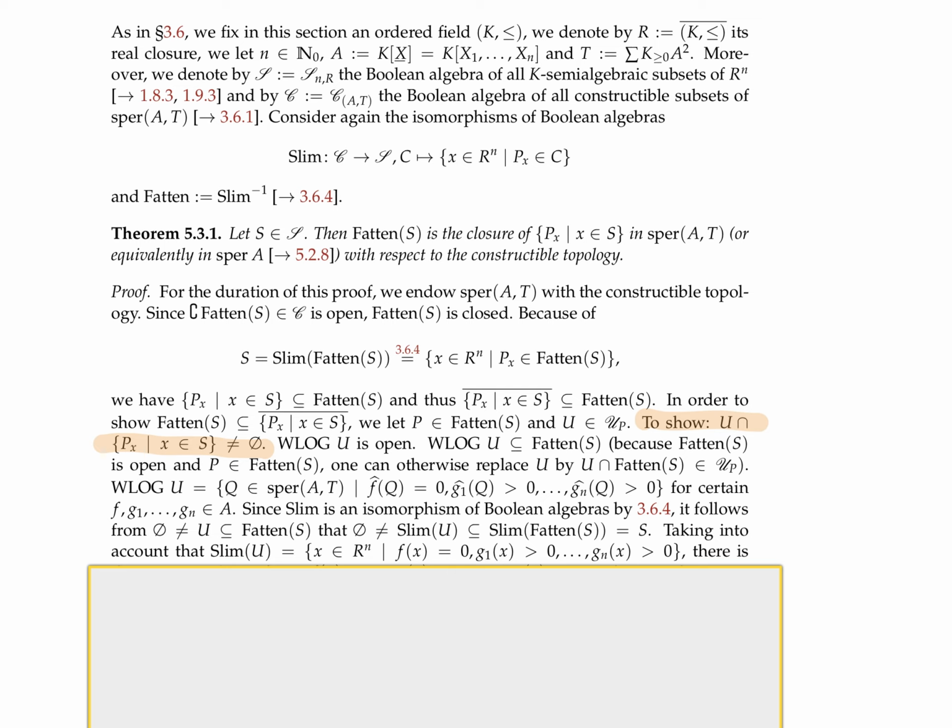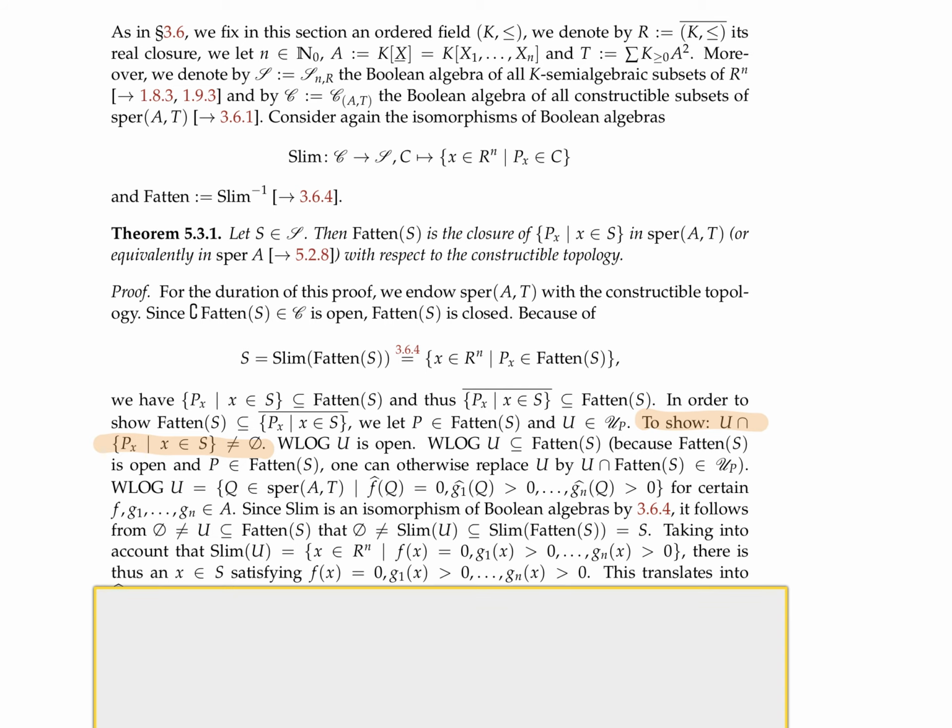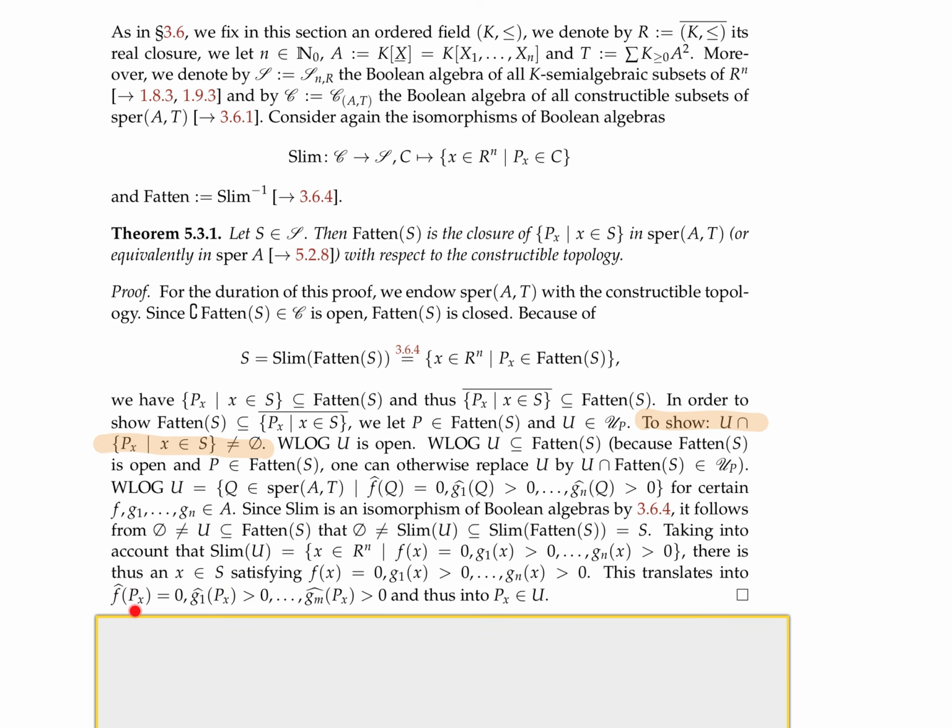Taking into account that the slimming of U is actually this here, if you think about it, there is thus an x in S, since the slimming of U is not the empty set, satisfying this. And this translates into f hat of P_x equals 0, g_1 hat of P_x greater than 0, and so on. And thus P_x lies in U.